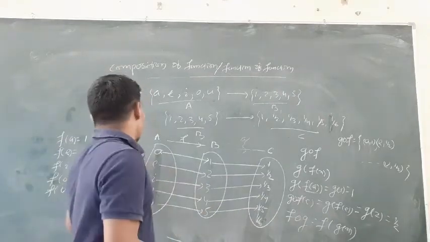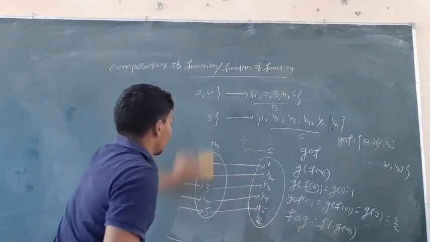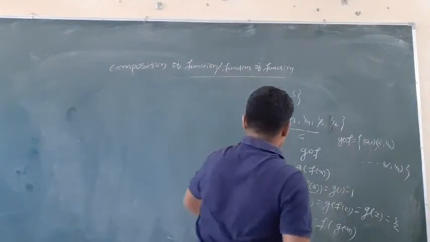And let us see an example. We have to find out the fog and the graph of the functions.